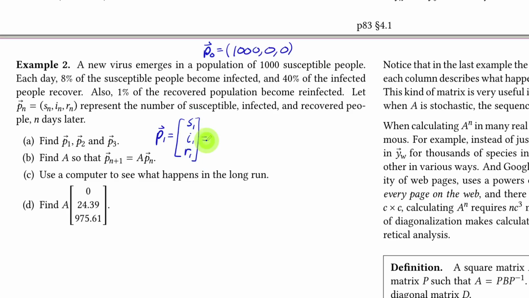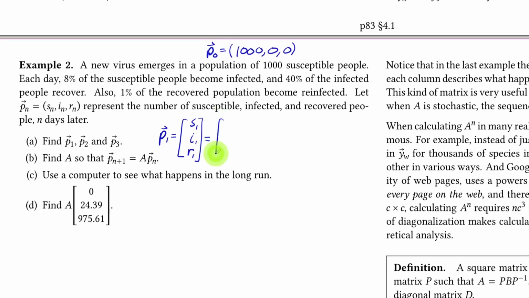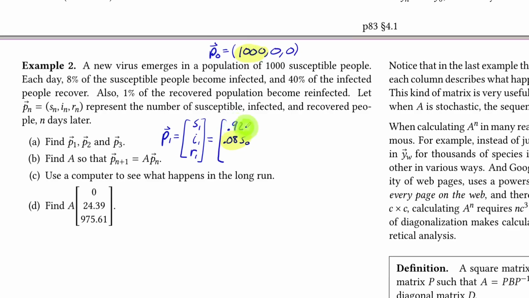Well, let's think about what happens to all of the susceptible people. Well, we know 8% of them are going to be infected. So 8% of those 1,000 people are going to be infected. But what about the other 92%? Well, they are still susceptible.